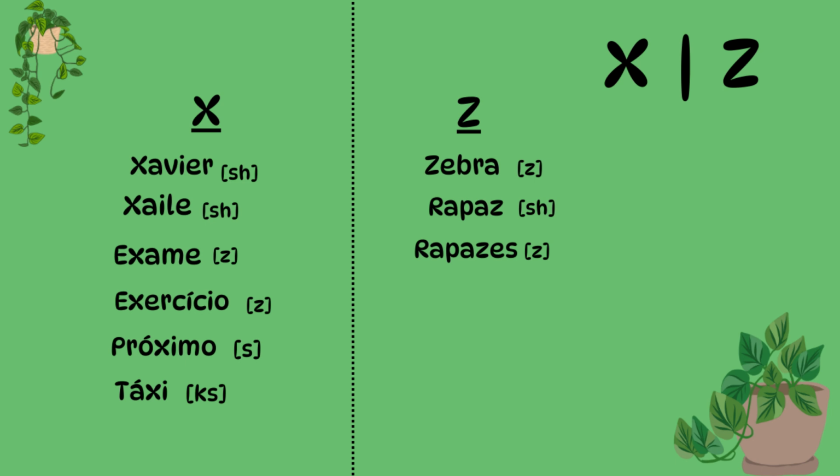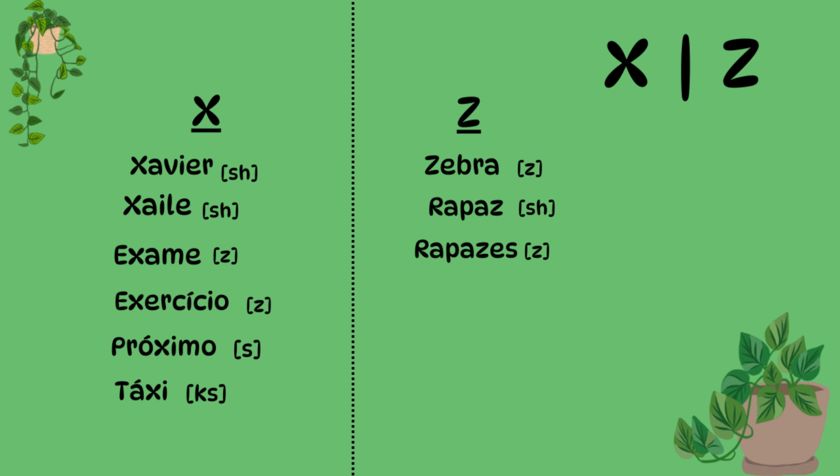When X is after the first letter of a phrase, mostly E, it's pronounced as Z. For example, exame, exercício.